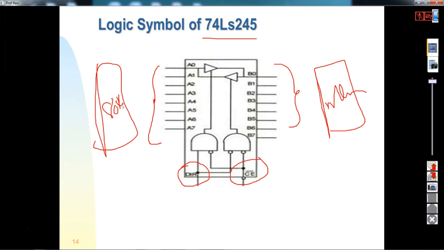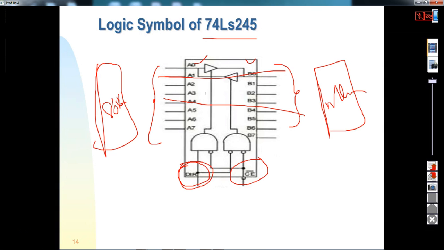When a memory read or memory write operation has to be performed, the data direction should be known: whether the data is from memory to the processor or processor to the memory. The same pins A0 and B0 are there, but the data is controlled through this direction pin.